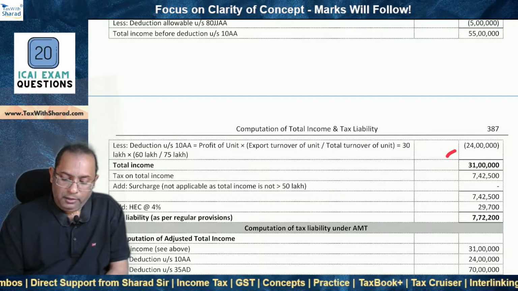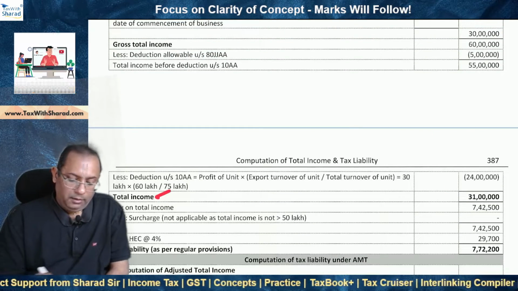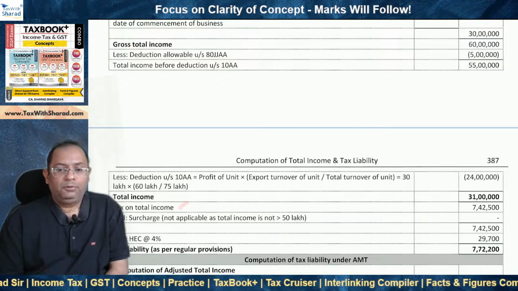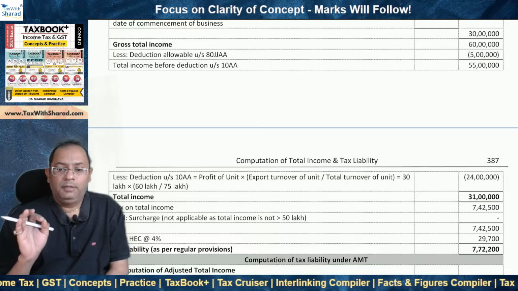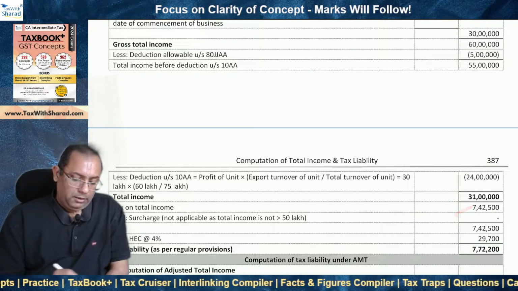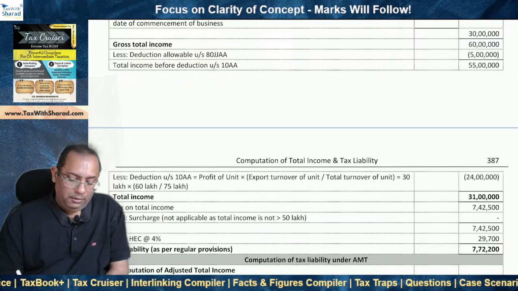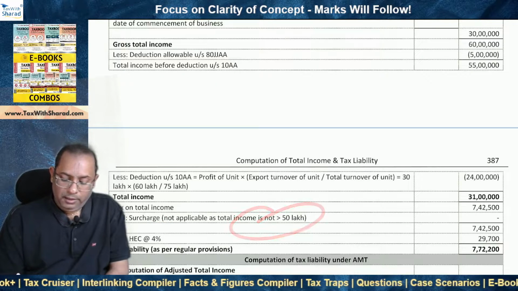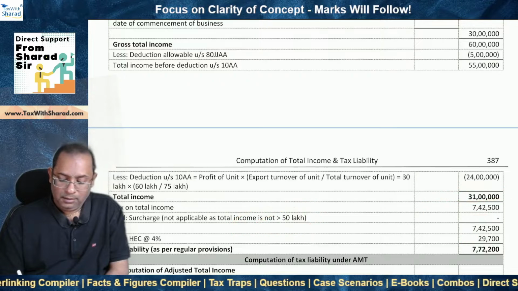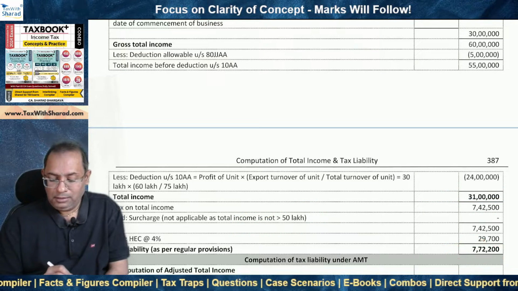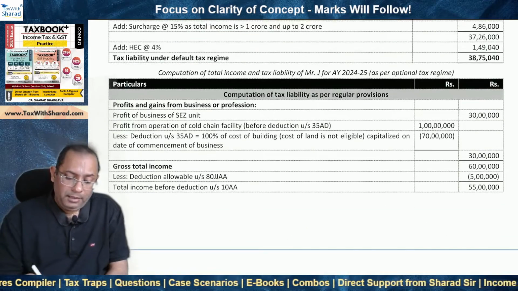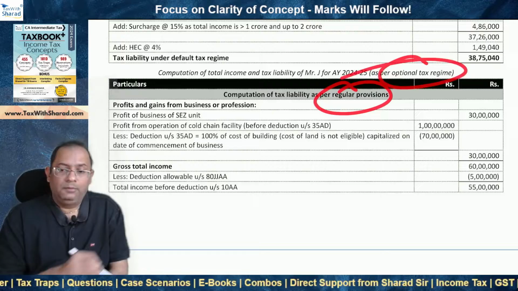So this comes to 24 lakh and total income therefore comes to 31 lakh, and we compute tax on total income as per the rates applicable under the optional tax regime. Surcharge is not applicable because the total income is not more than 50 lakh, it is 31 lakh only, so no surcharge. We add 4% cess and this comes as the tax liability of 772200 as per the regular provisions under the optional tax regime.